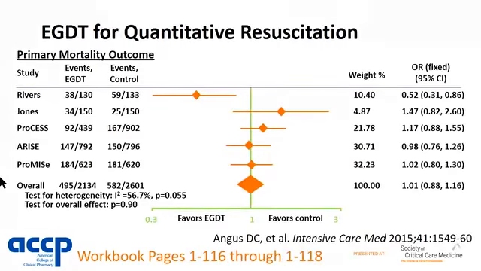And in those guidelines, they actually discuss these new studies for quantitative resuscitation, which I know you're familiar with. I've only presented the meta-analysis here. And these new studies, the ProCESS, ARISE, and ProMISe studies, did not find a mortality benefit with early goal-directed therapy by the Rivers method.